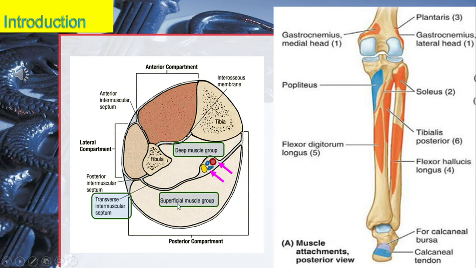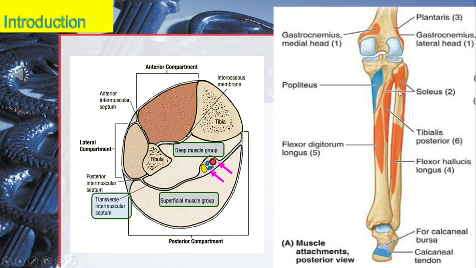The superficial subcompartment contains three important superficial muscles, and the deep subcompartment contains four muscles, and the neurovascular bundle is also present in the deep subcompartment. The deep subcompartment is quite a tight and closed compartment, and can result in compartment syndrome if there is any suppuration, pus collection, muscle injury, or hematoma.